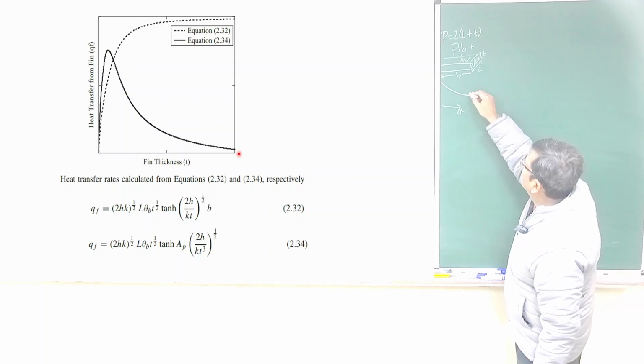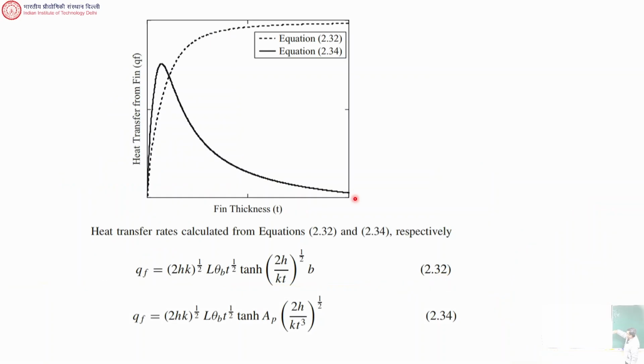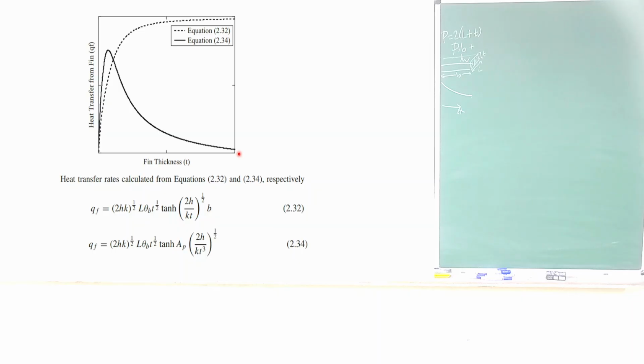And if you have a higher fin thickness, what will happen? The temperature will be such that the heat transfer will become less as you have higher fin thickness, correct?